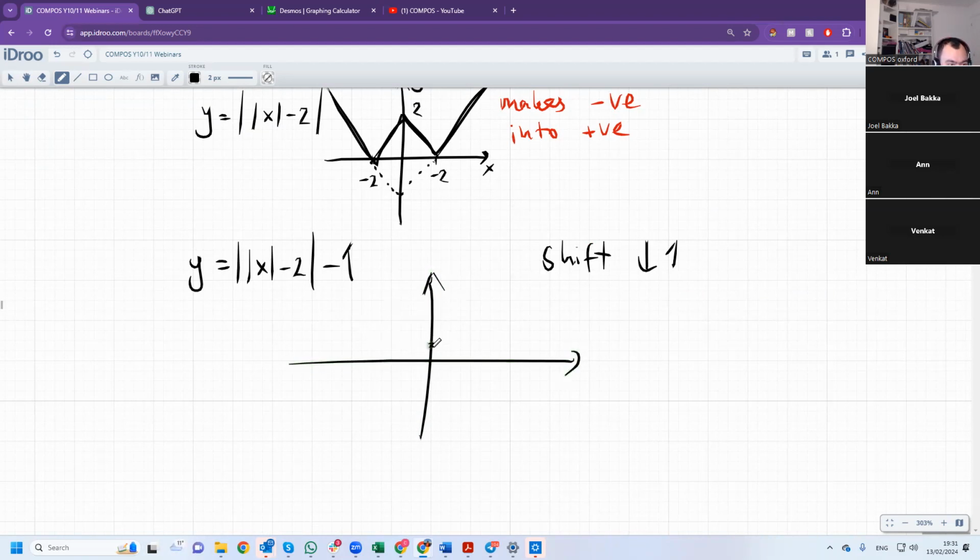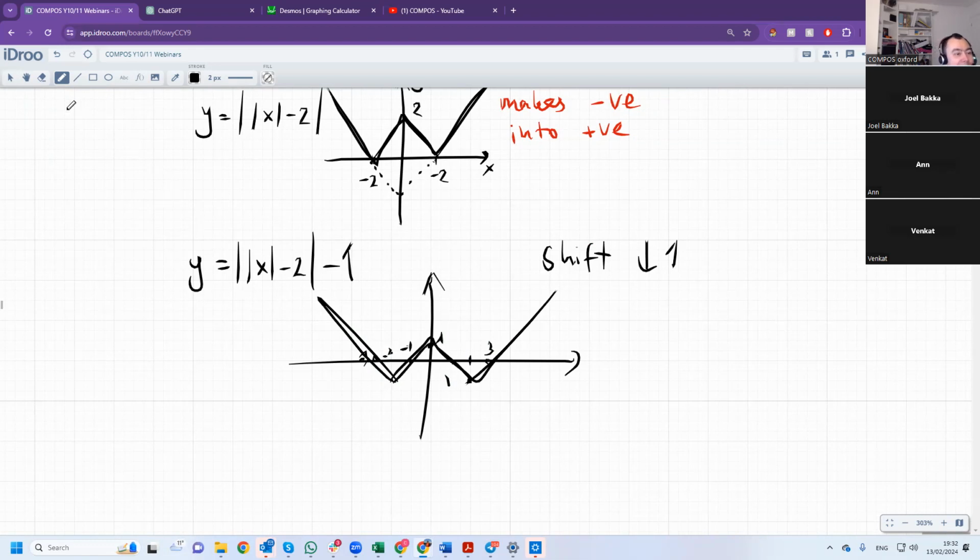So it's shift down by 1. So that's 1, 2, 3. Minus 1, minus 2, minus 3.